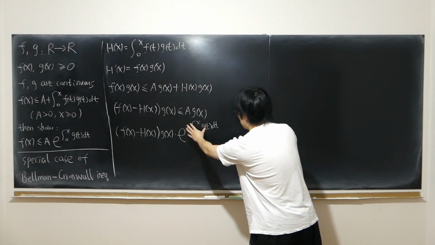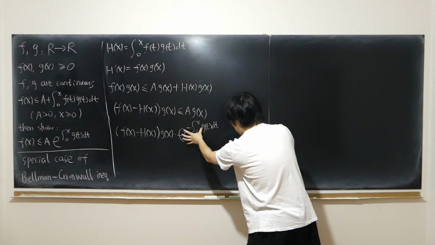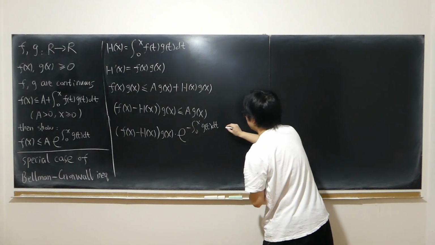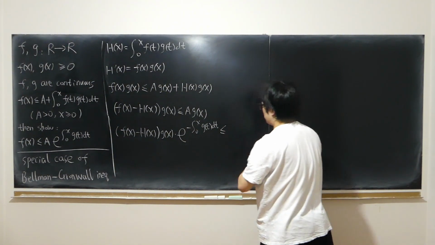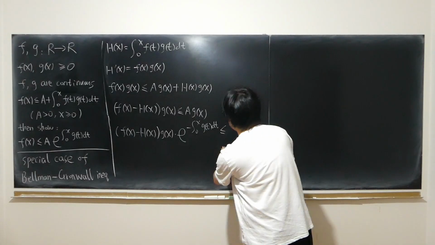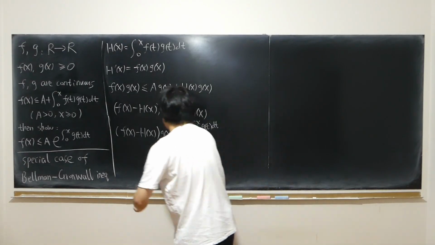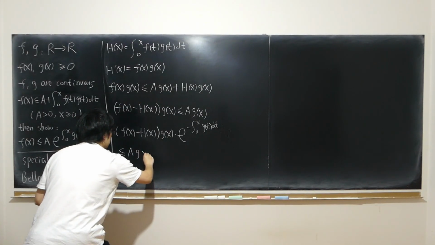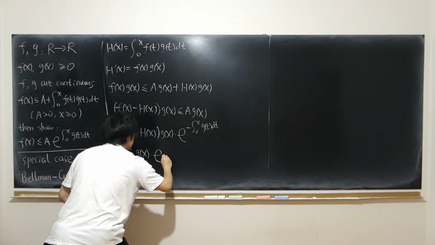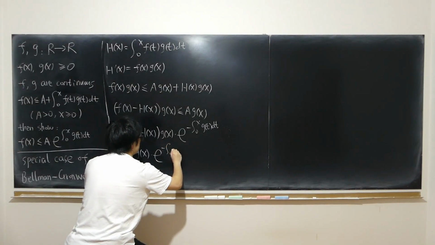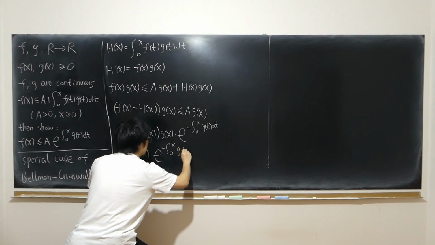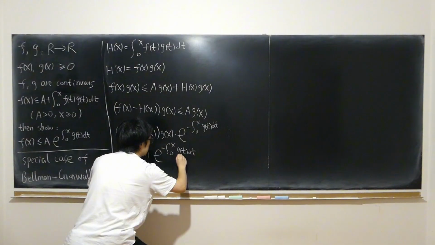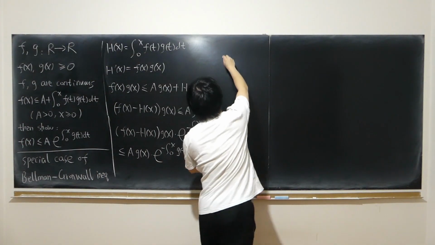You will see why it's negative, because we want to prove this inequality. This doesn't change direction because e to the power is still positive. So less than or equal to a times g of x times e to the negative integral from 0 to x, g of t dt.